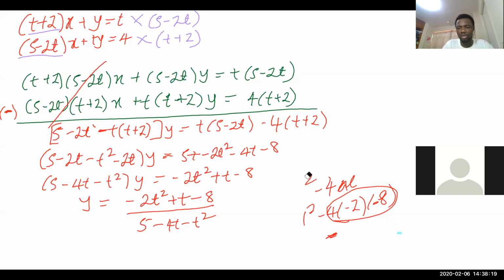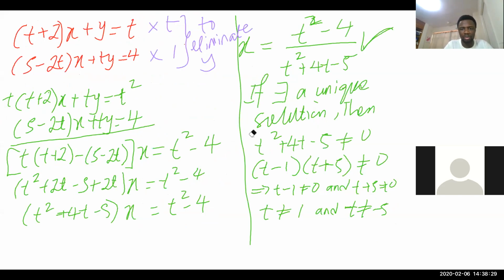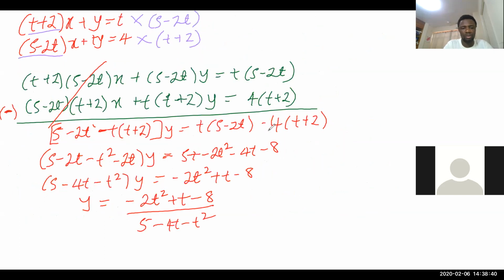If your numerator cannot be factorized, then don't bother. Any questions? So we can actually leave this here.